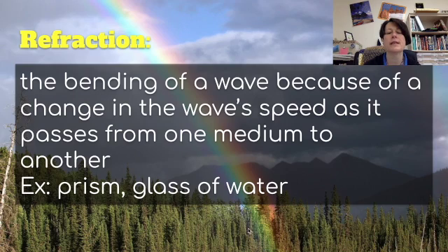So that's what is happening there. Also, if you put a spoon in a glass of water, it will look like it gets cut in half. That is due to refraction. So if you're listening to this video, next to refraction, draw a rainbow.